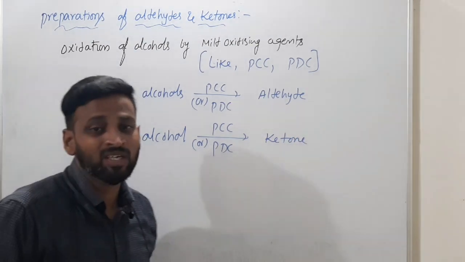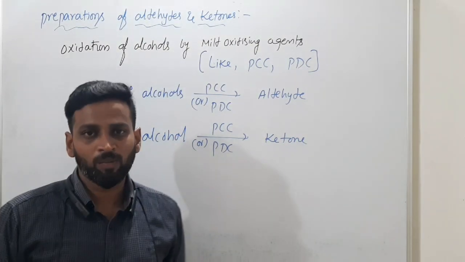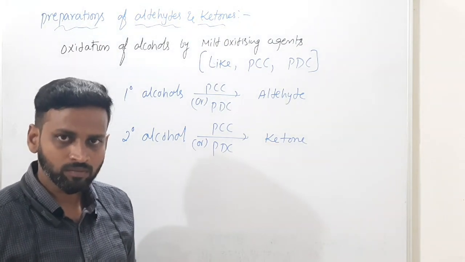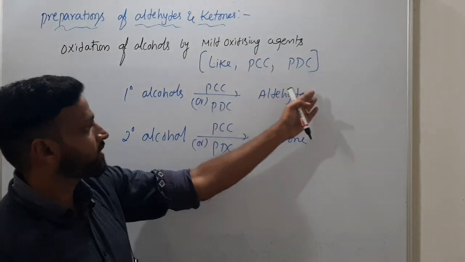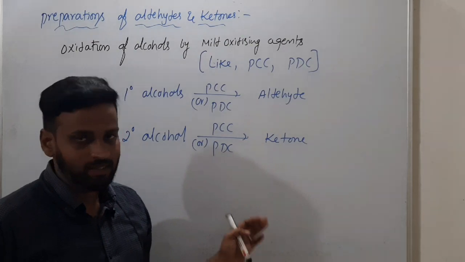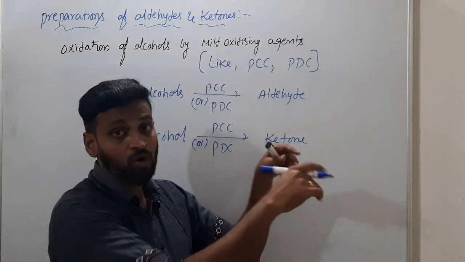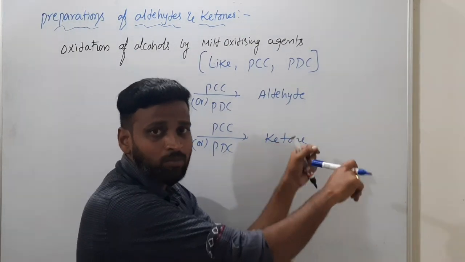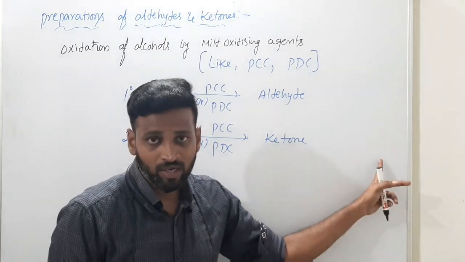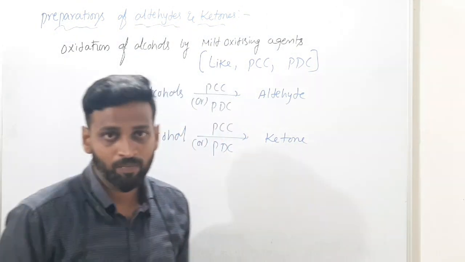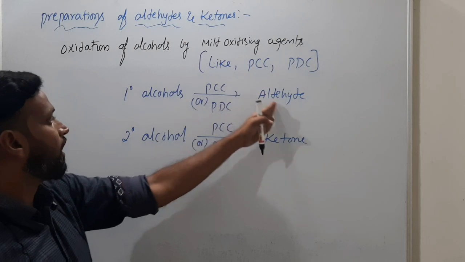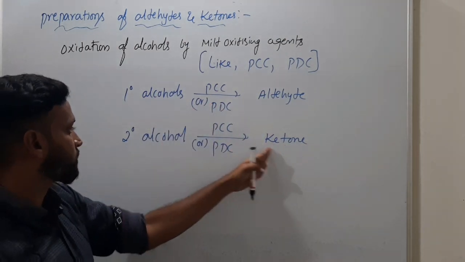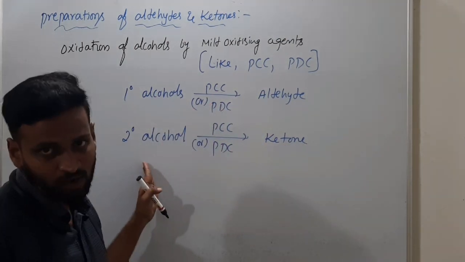I won't give more than this because you have it in the properties of alcohols. If you use strong agents, these aldehydes are converted to carboxylic acids, and in ketones also, if you use strong agents, it is difficult, but the C-C bond will break and carboxylic acids with fewer carbons will form. The opposite means reduction: aldehydes reduce to alcohols, ketones reduce to secondary alcohols.